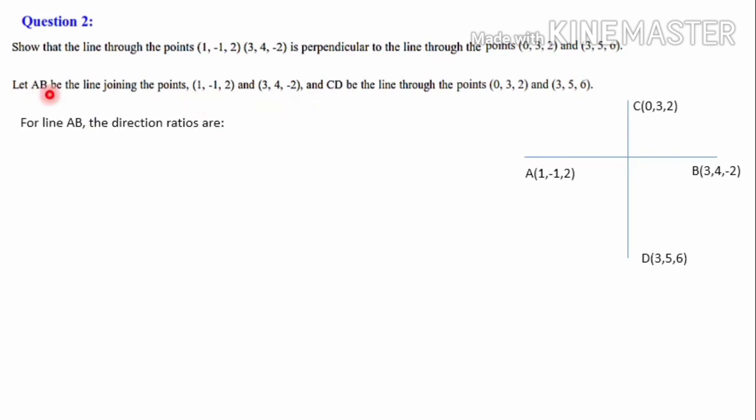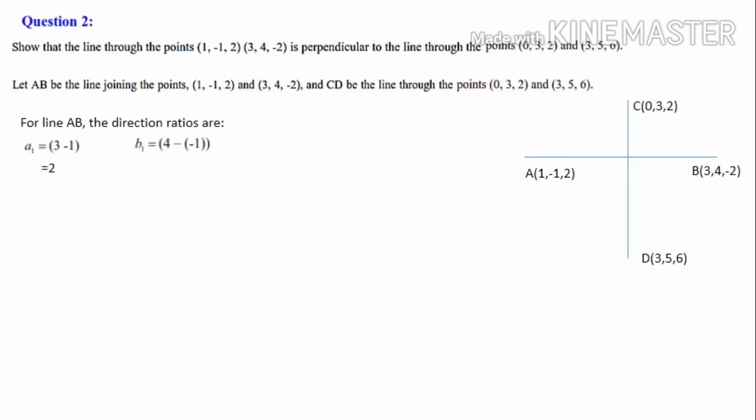Direction ratio calculation is quite simple. We have already learned that one. It is the difference between their points, that is (1, -1, 2) and (3, 4, -2). First we calculate x2 minus x1, that is 3 minus 1. We take this as the first direction ratio a1, that is 3 minus 1, equal to 2.